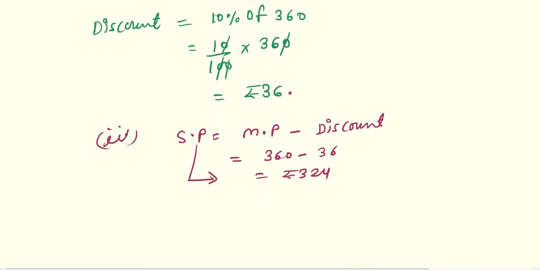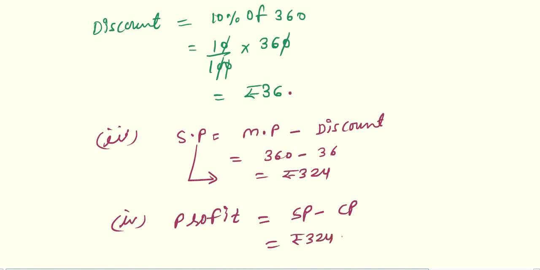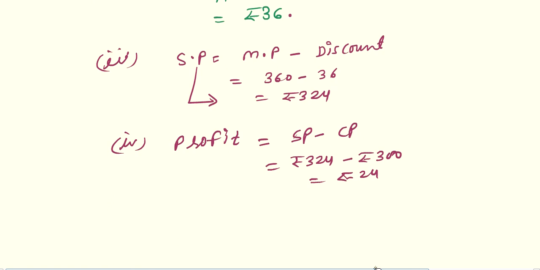Then the last is the profit percent made by the shopkeeper. This is the fourth question. For calculating profit percent, you must know the profit. Profit is SP minus CP. Rupees 324 is SP and CP is rupees 300, so rupees 24 is the profit.